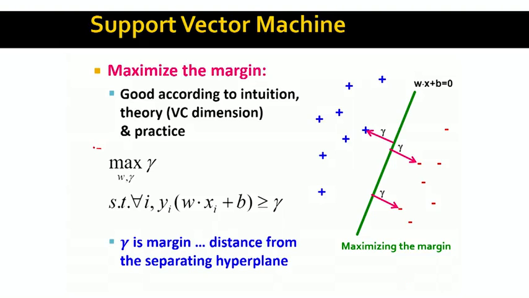The optimization problem to find W that we identified so far simply says we want to find W such that our confidence in prediction over all the training examples is at least gamma. So now the whole exercise will be, how do we find such W that maximizes the margin, the value of gamma?